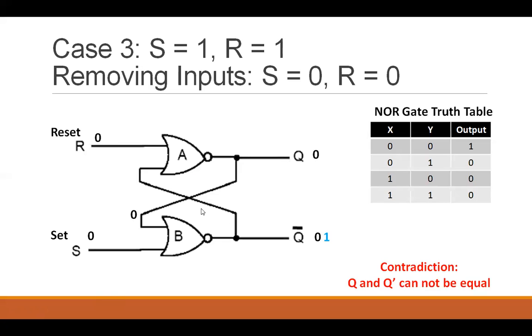And this 1 is being fed back into A. And this 0 and 1 is going to keep the Q as 0. You can start it from the R side as well. It doesn't make any difference. But this contradiction actually makes our circuit useless for us.